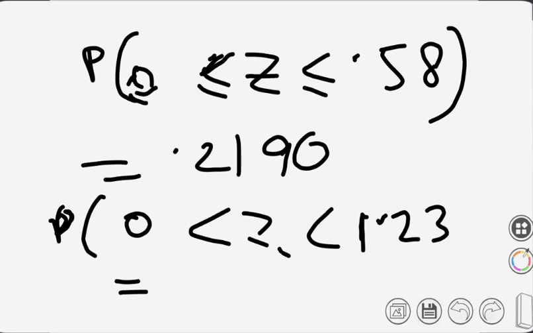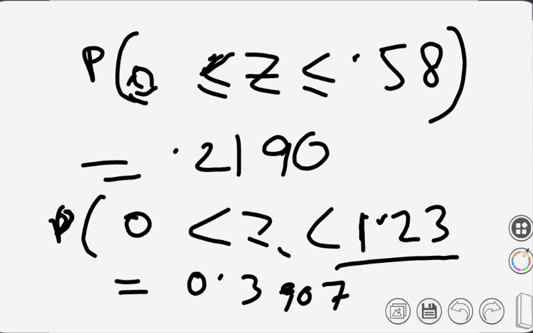From the table, it is 0.3907. 1.22 is 0.3888 and 1.23 is 0.3907. Get it? So that's how we have to check.